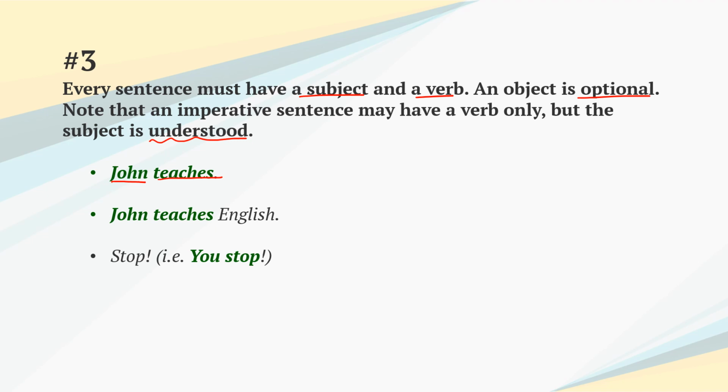John teaches English, subject, verb, and object. Stop! When you say stop, it means you stop. So this you is omitted, but we know that there is you. Rule number 3, every sentence must have a subject and a verb. An object is optional.